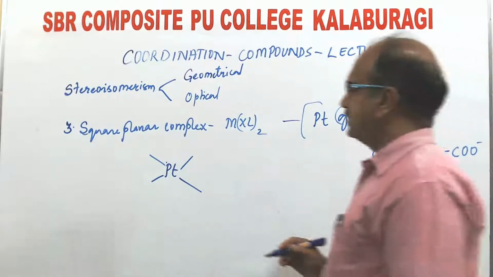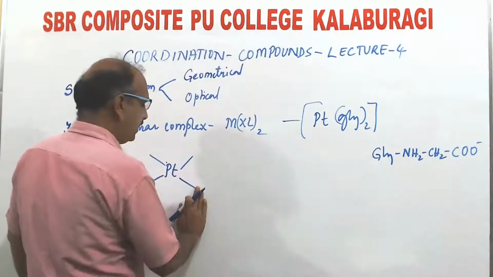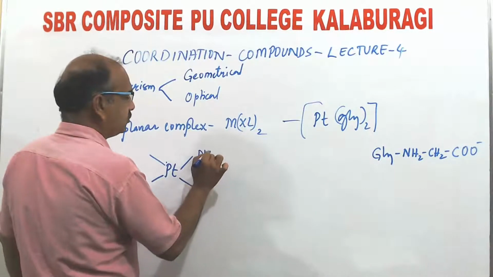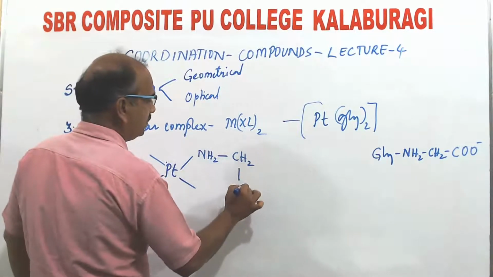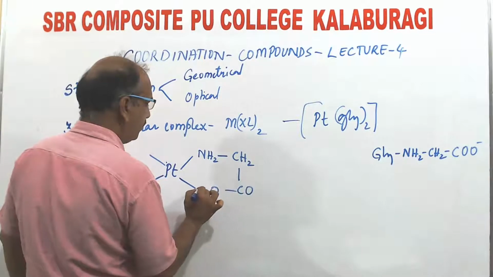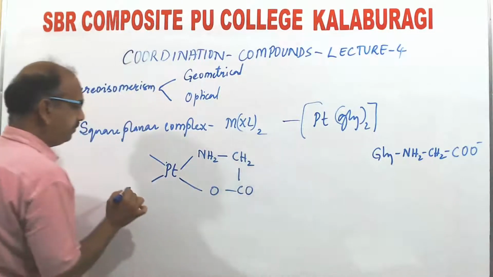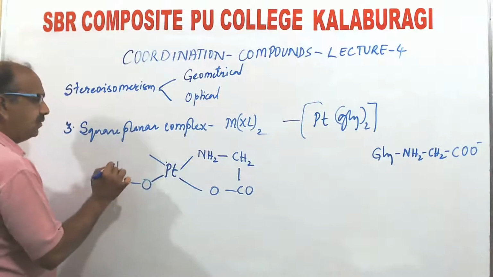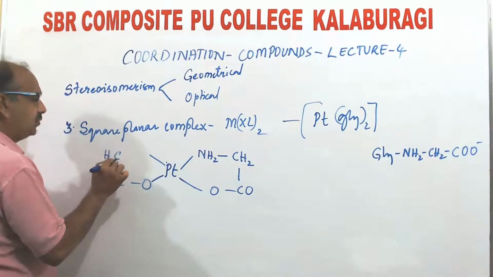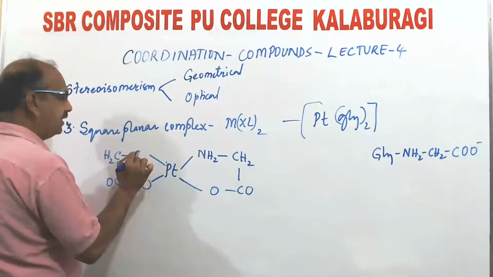Okay, like this it is. So you can have here NH2, then CH2, then CO and O, and this is bonded here. Another set O, CO, CH2, then you have NH2.